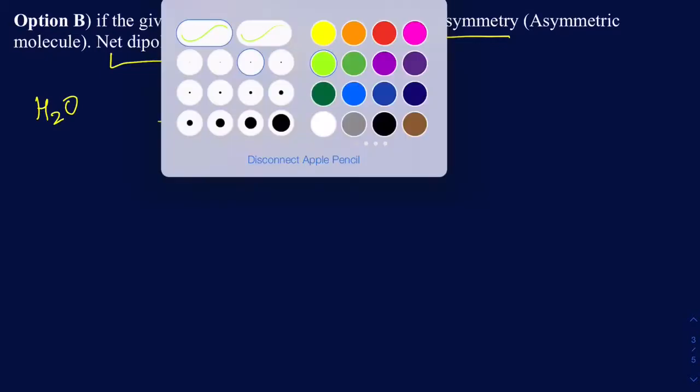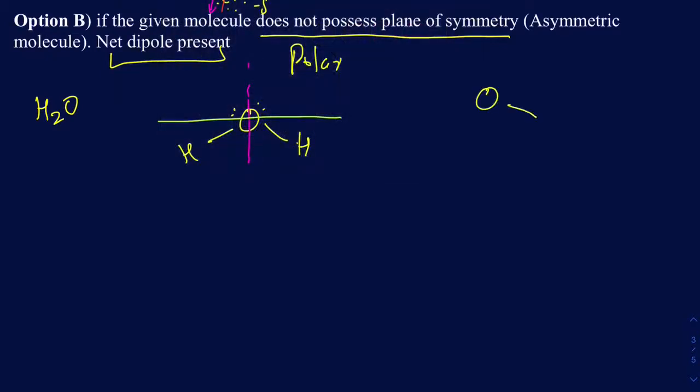So let me just go ahead and redraw that and draw the dipoles on those. You can clearly see oxygen is going to be more electronegative than those hydrogens, so I can have a partial negative charge on the oxygen and partial positive charges on the hydrogens. So I would have the dipoles going this way, from the bottom to the top at an angle.